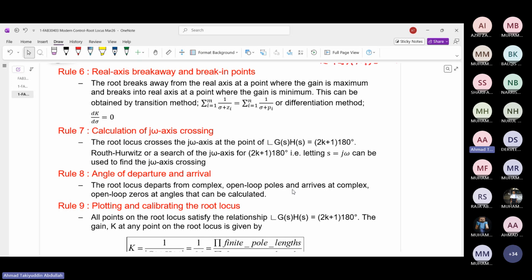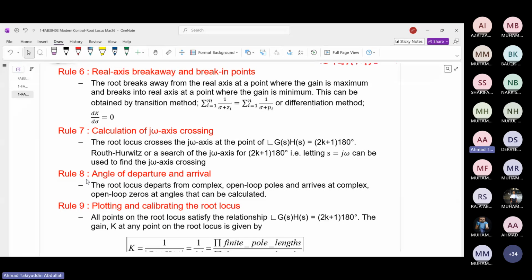But as for rules number 6, 7, and 8, you should consider whether they relate to your problem, because they are actually optional. Maybe there will be a case where you do not need rule number 6 in your consideration.